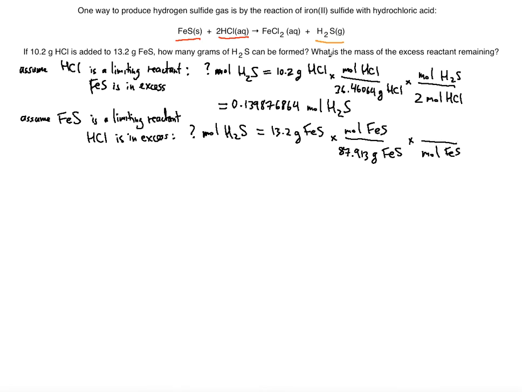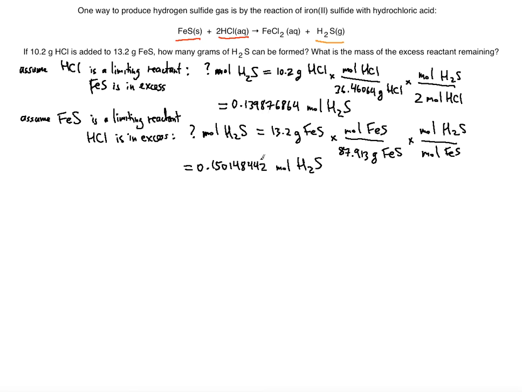And again, the same number of moles on the top for H2S, the product, right? And that will give you, using your calculator, 0.150148442 moles of H2S. So now we can compare.